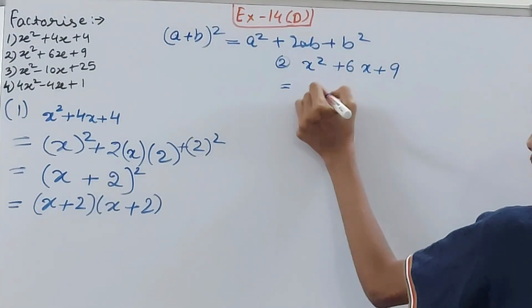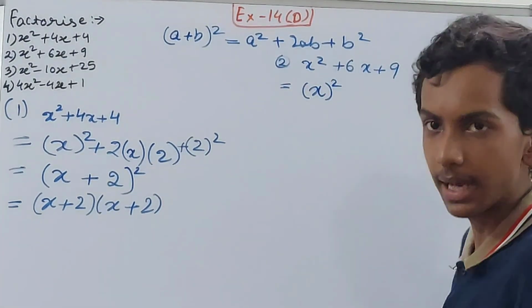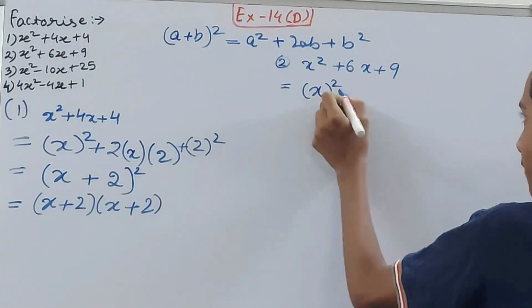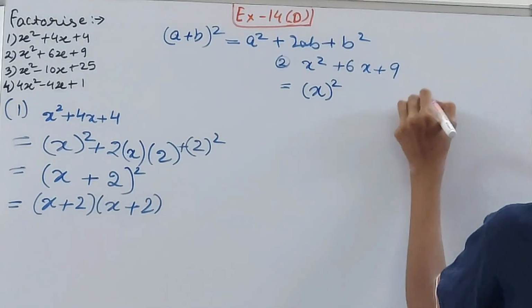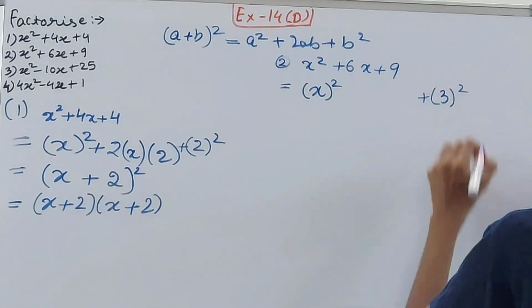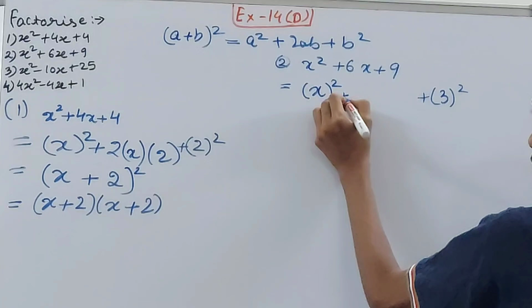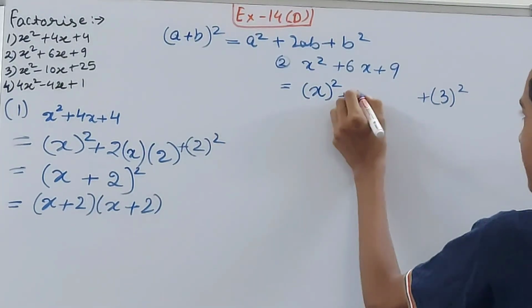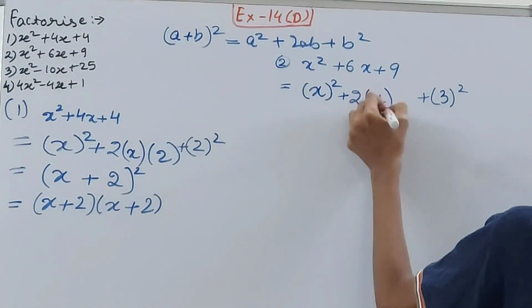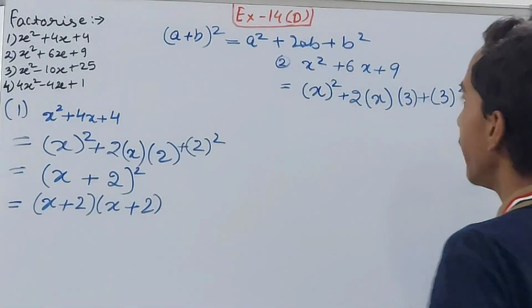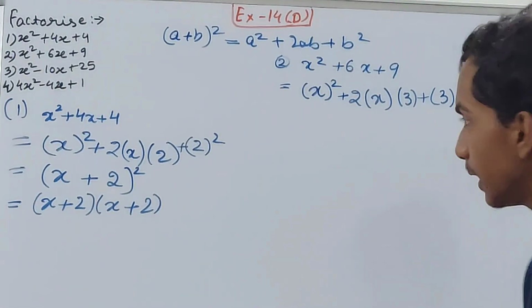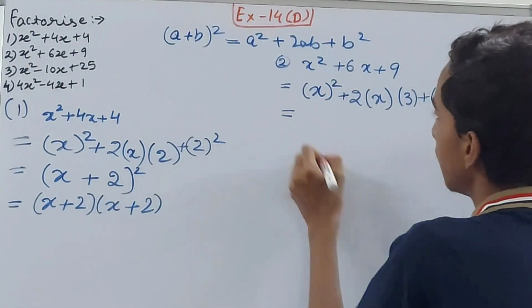So I can write x square as the square of x and 9 as the square of 3, and the middle term is plus 2ab. Now I know what is a and what is b, so plus 2 into x into 3.